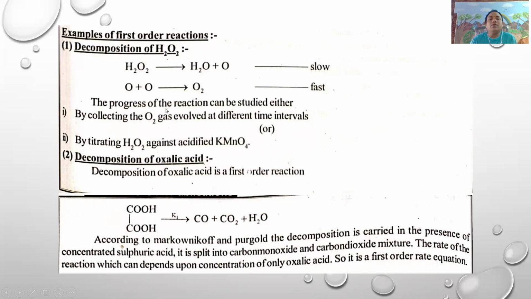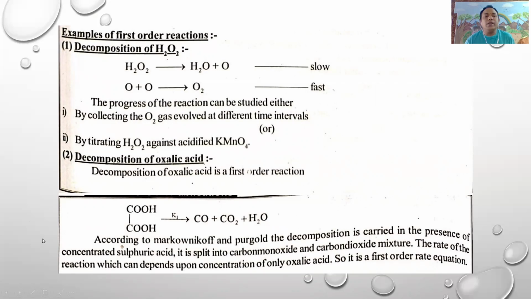The progress of the reaction can be studied either by collecting the oxygen gas evolved at different time intervals, or by titrating the hydrogen peroxide against acidified potassium permanganate. While titrating the peroxide against acidified potassium permanganate, we can calculate the first order rate constant.